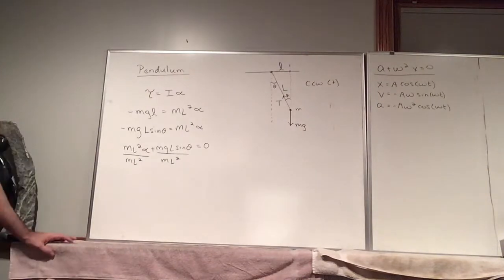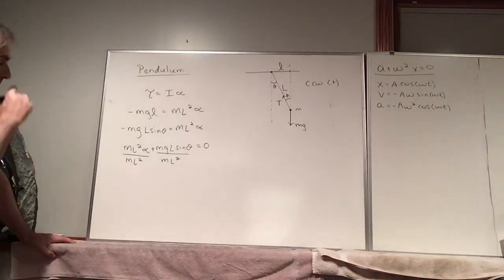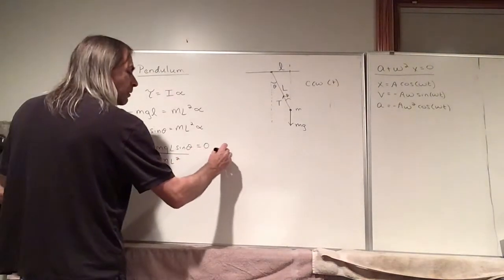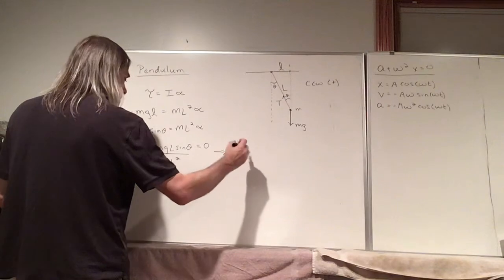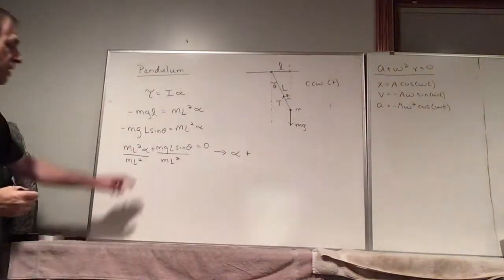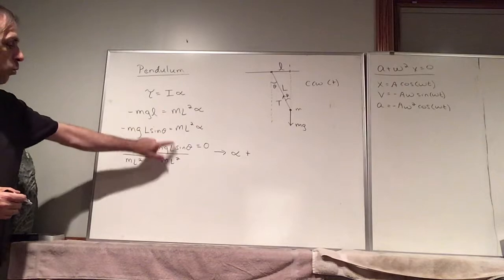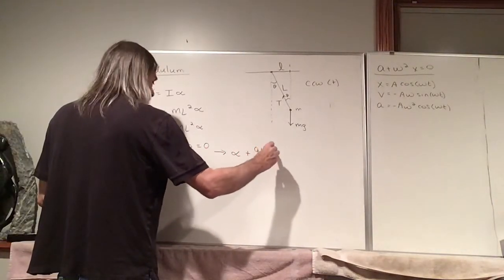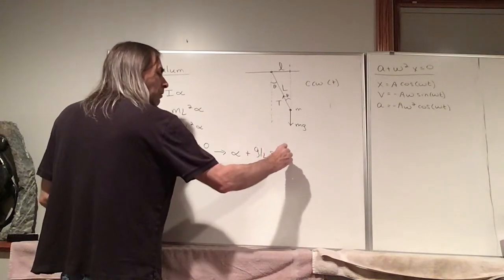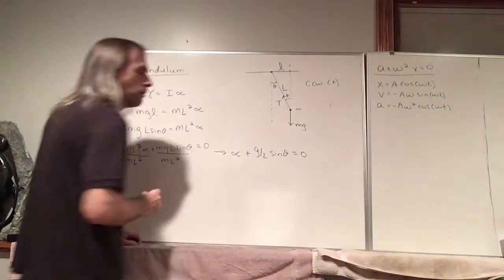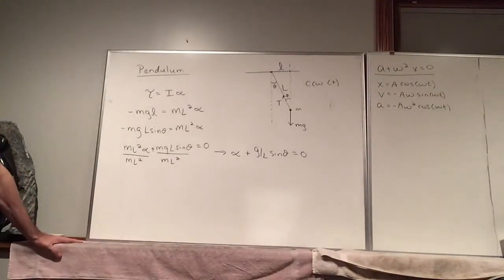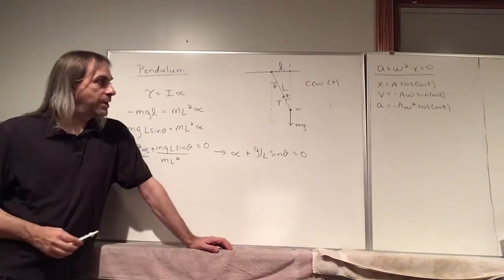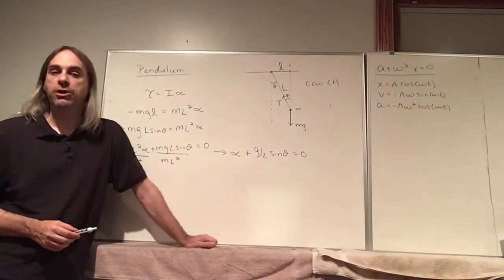Now 0 divided by ml squared is still going to be 0. And so what we have here is alpha. So here the m's cancel out. One of the l's cancels out. We have g over l sine of theta. So applying the rotational version of Newton's second law to this mass on a string, this is the equation that we get.